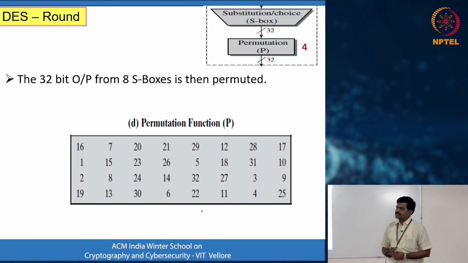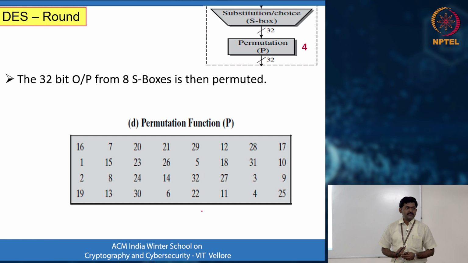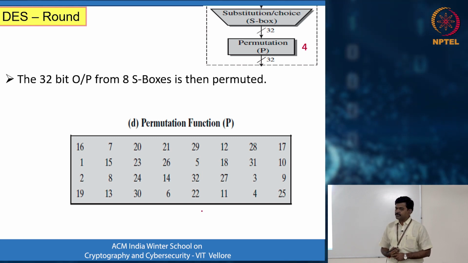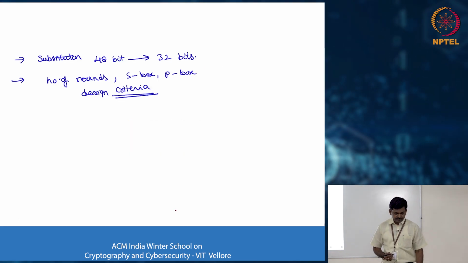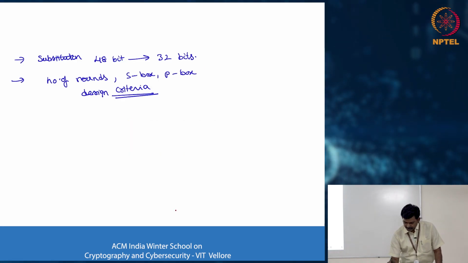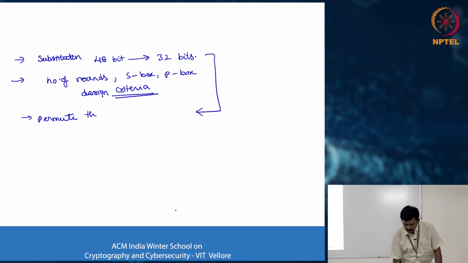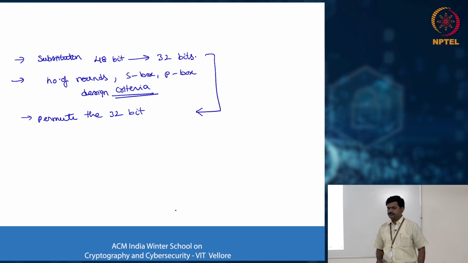once you have this, what is the next step? Your substitution operation output goes as input to the permutation operation, right? So after this, permute the 32 bits. How do you permute?